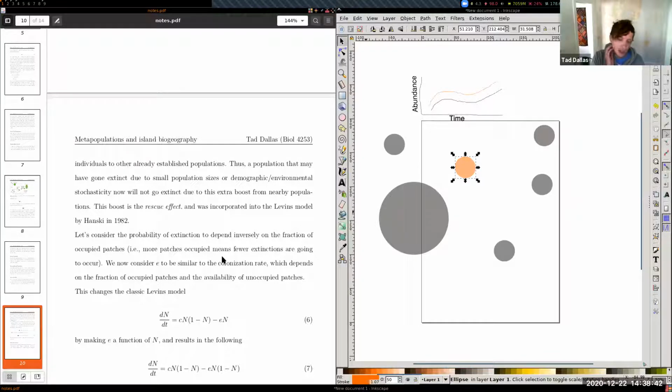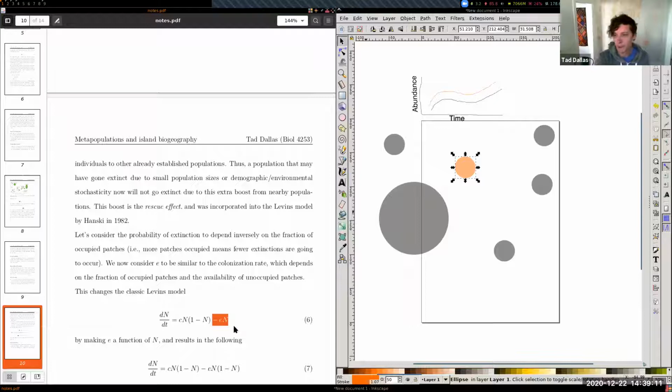Okay, and this rescue effect can actually be formalized in the model. It's formalized by taking the Levins model, this model right here, where the colonization rate is a function of the fraction of occupied patches times the fraction of unoccupied patches. And then extinction just occurs at some background rate proportional to the fraction of occupied patches.